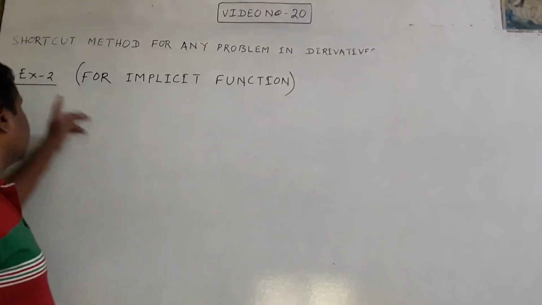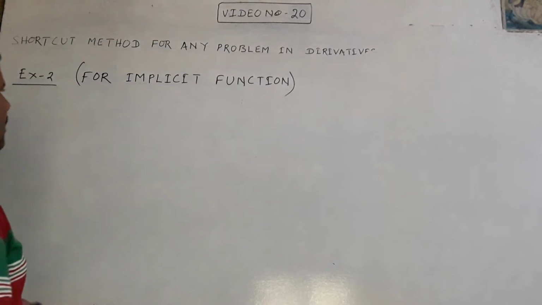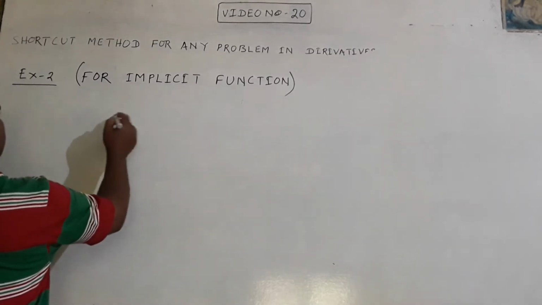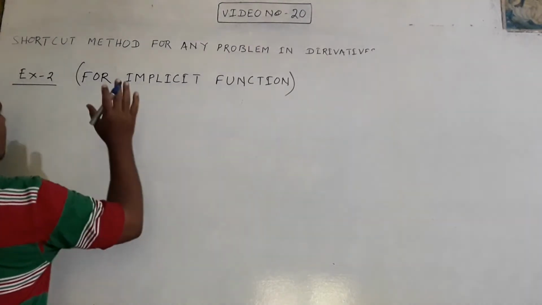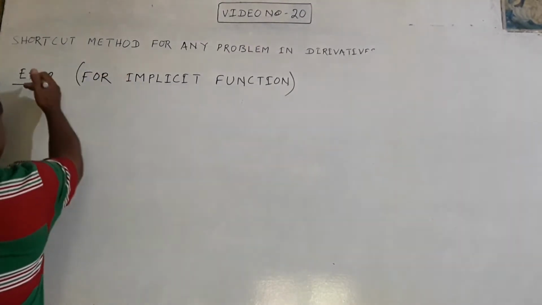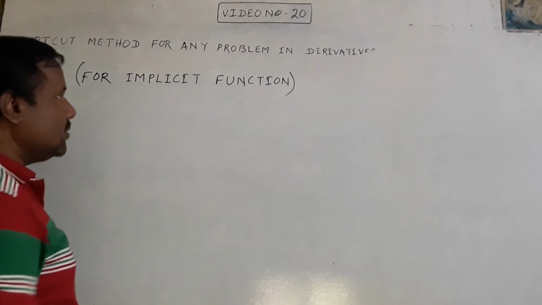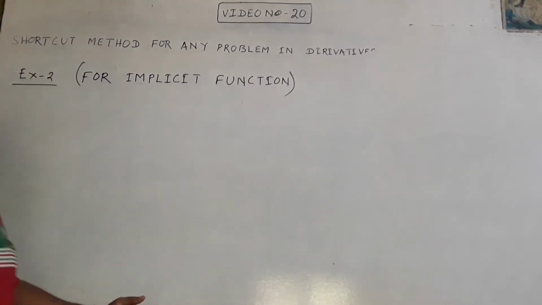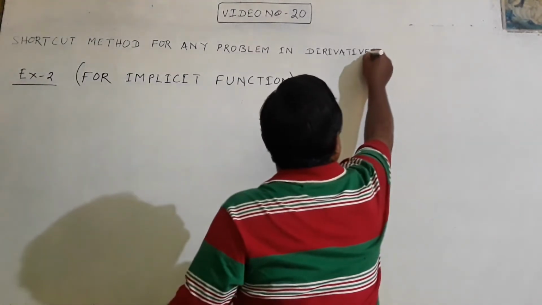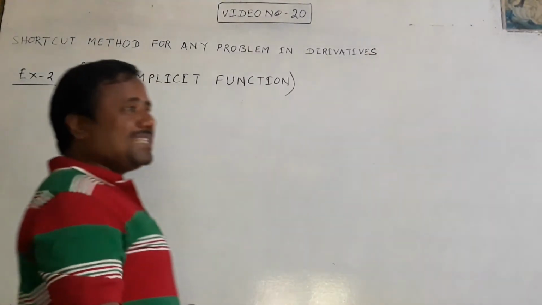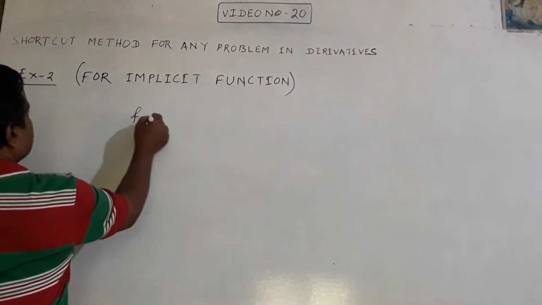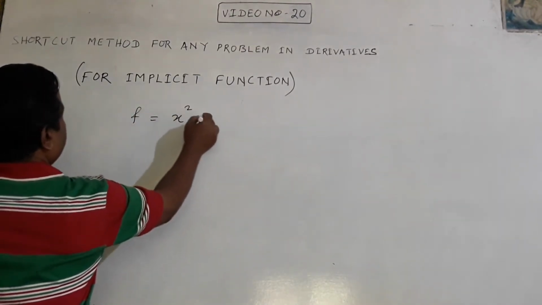I am doing this example for implicit function. Before doing this example, I want to tell you about partial derivatives. What is a partial derivative? Suppose f is a function, x square y cube.